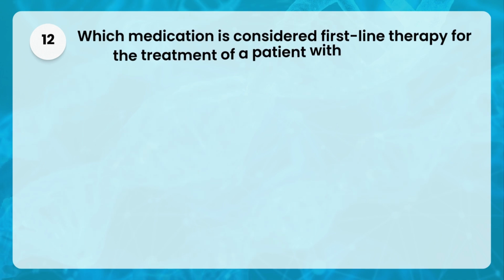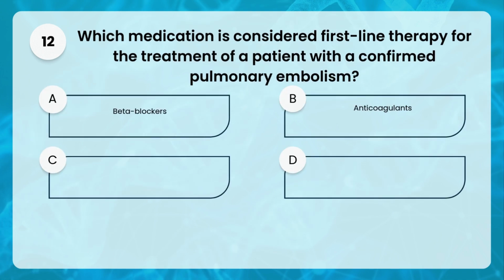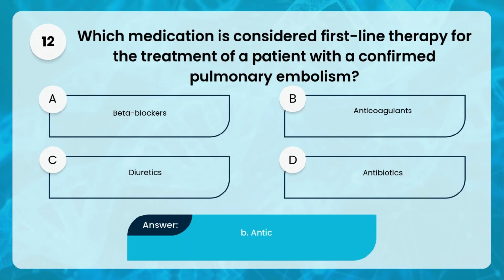12. Which medication is considered first-line therapy for the treatment of a patient with a confirmed pulmonary embolism? A. Beta blockers. B. Anticoagulants. C. Diuretics. Or D. Antibiotics. The answer is B. Anticoagulants. 13.